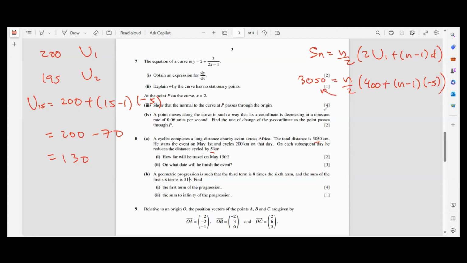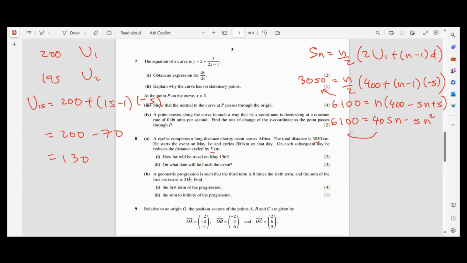This I move to there, so I got 6,100 equals n times 400 minus 5n plus 5, so 6,100 equals 405n minus 5n squared.